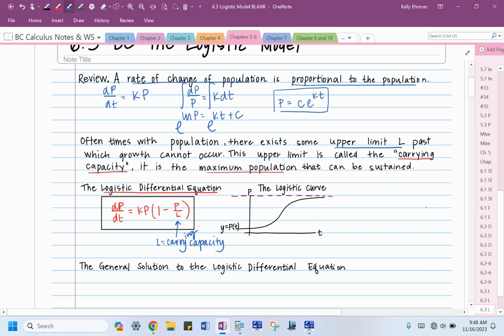This horizontal asymptote is the value L, which again is the carrying capacity.